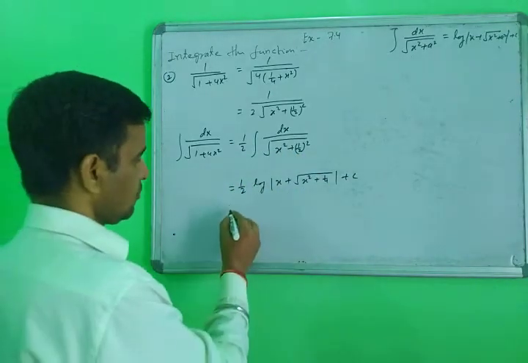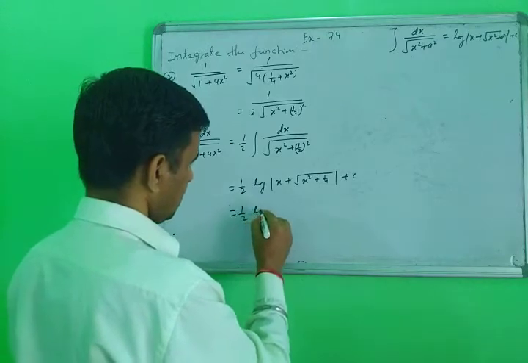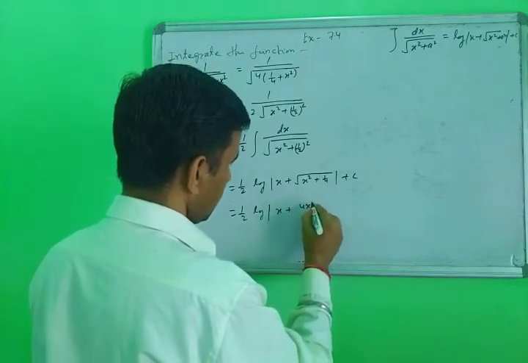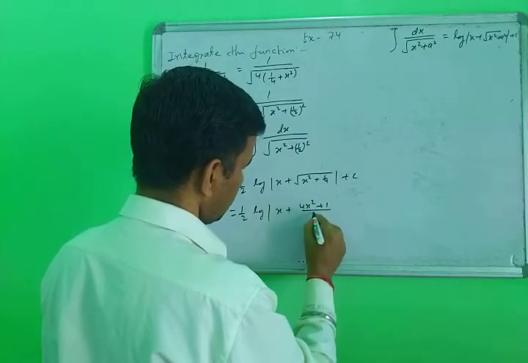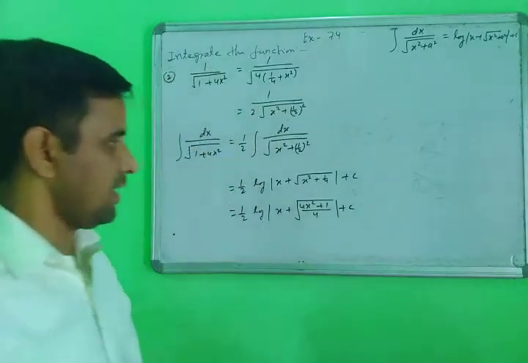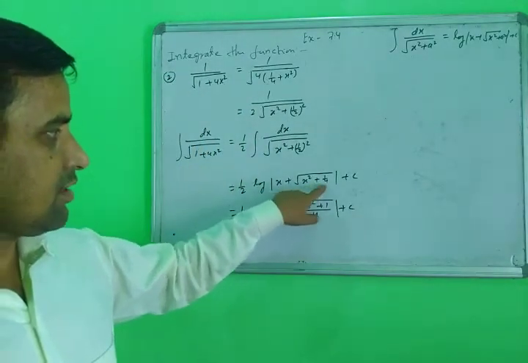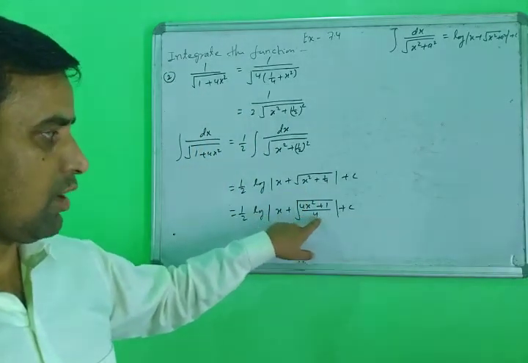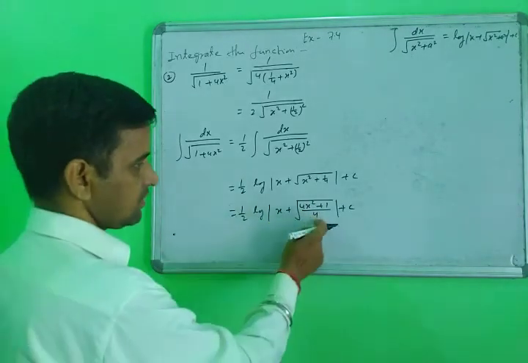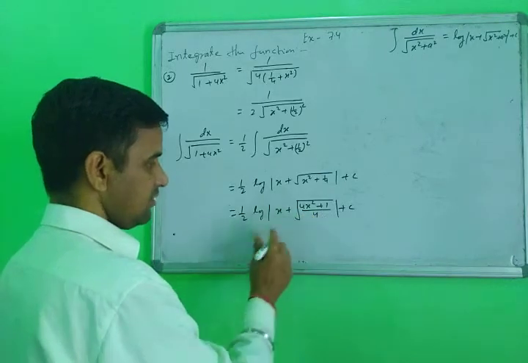After that, we take LCM here: x plus, 4x square plus 1 upon 4, mod, plus c. Taking LCM here, 4x square plus 1 upon 4. This 4 is the whole square of 2, because we remove the square root from the 4.